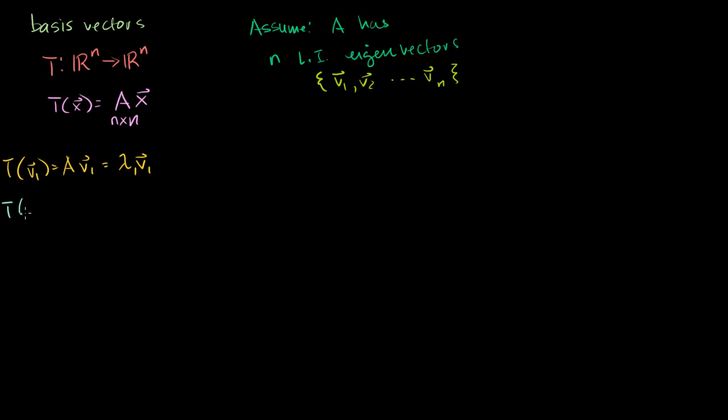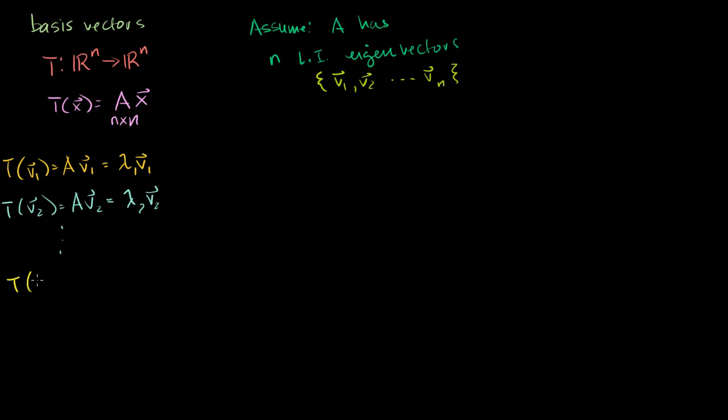The transformation of vector 2 is equal to A times v2, which is equal to some eigenvalue, lambda 2 times v2. And I'm just going to skip all of them and go straight to the nth one. We have n of these eigenvectors. You might have a lot more. We're just assuming that A has at least n linearly independent eigenvectors. In general, you could take scaled up versions of these, and they'll also be eigenvectors.